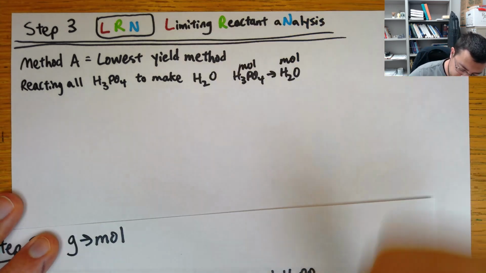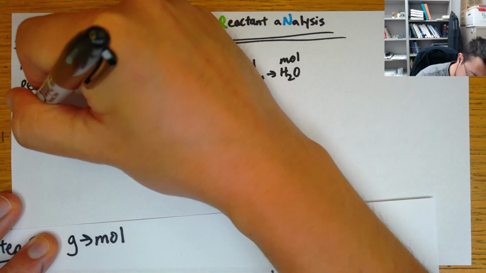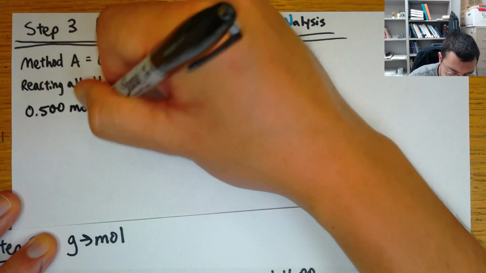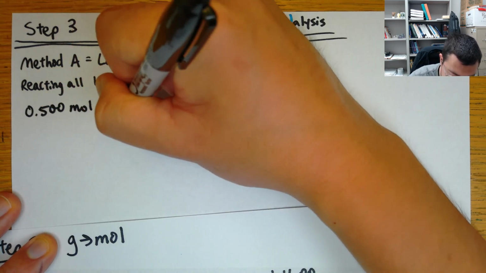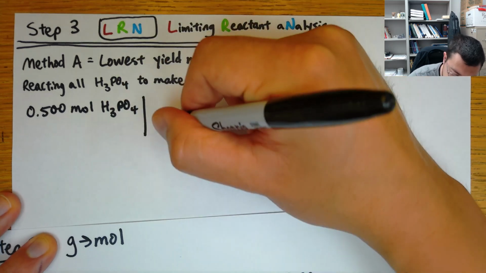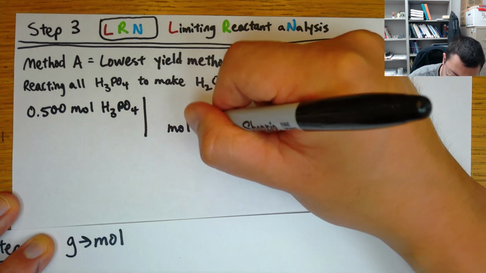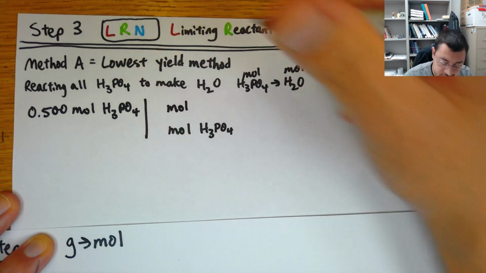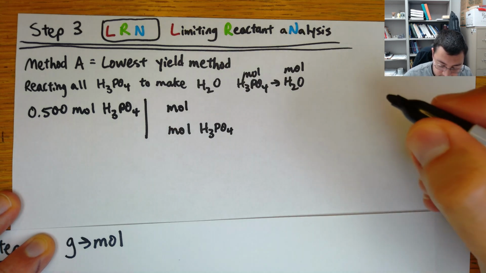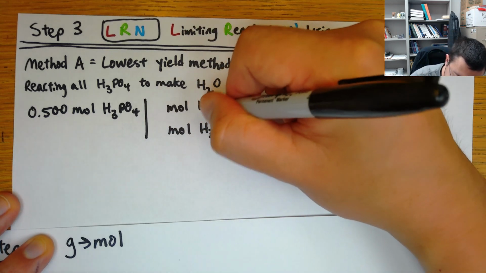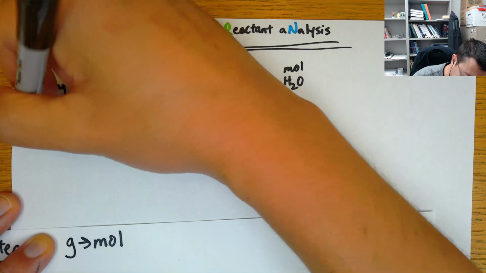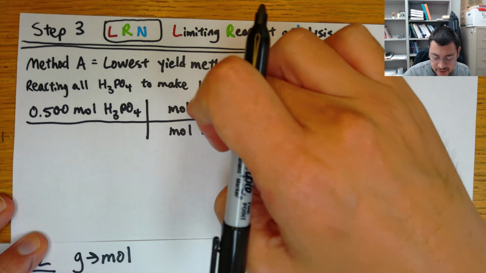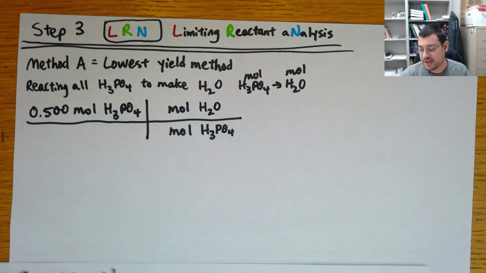All right, so let's set up the calculation. We start out with 0.500 moles of phosphoric acid. And we'll want to convert those moles of phosphoric acid into moles of the water. When you have mole to mole, this is where you use the balanced equation coefficients.